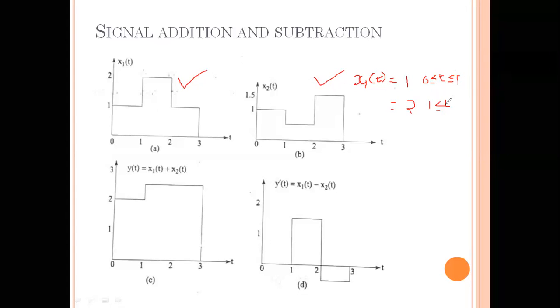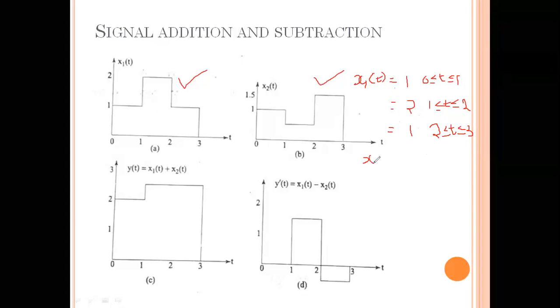I am mentioning the ranges in which the value is given. Similarly, one more amplitude is given, that is 1 again, which is defined from 2 to 3. So this is related to x1 of t.